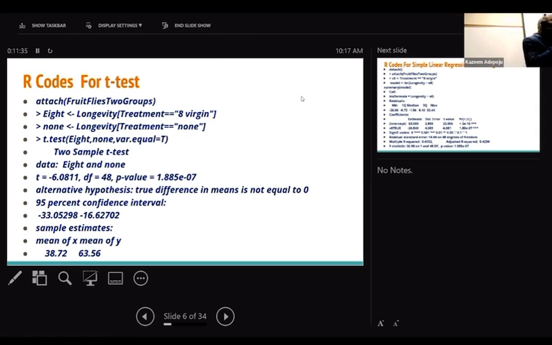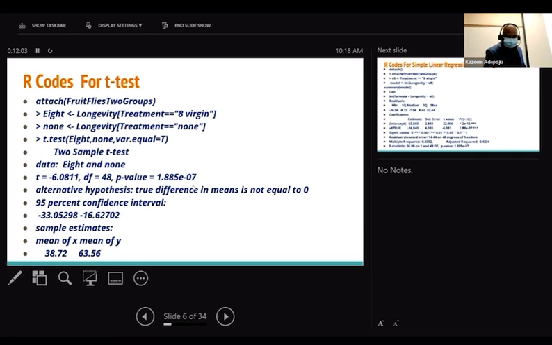Okay, now I have conducted a t-test. Why am I conducting a t-test? Because you are comparing means in 2 groups. Now, what happened here? Take a look at the p-value. The null hypothesis is going to tell you the means in the 2 groups are the same, and the alternative is going to tell you they are not the same.